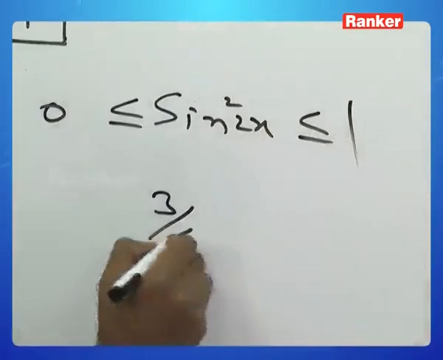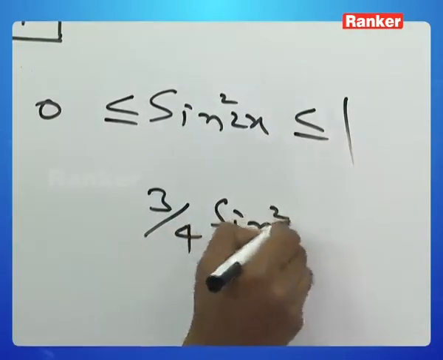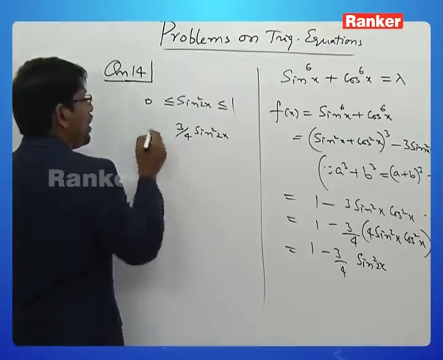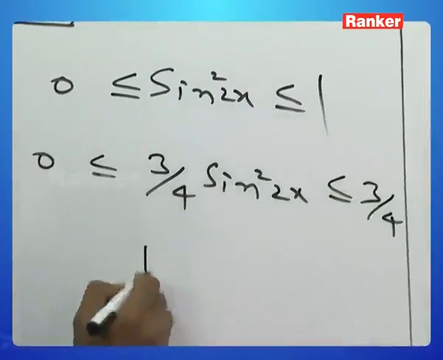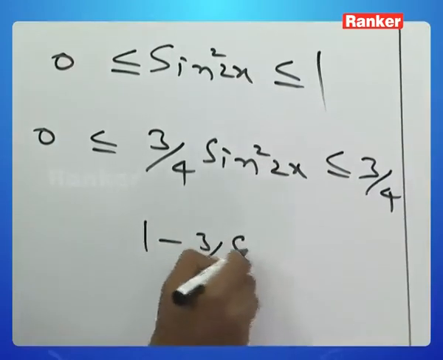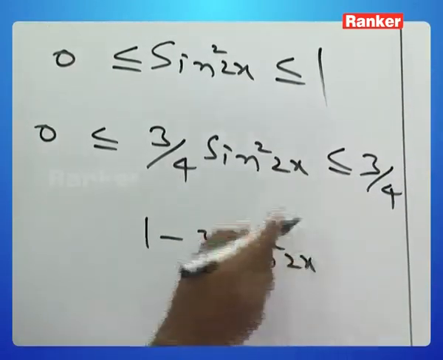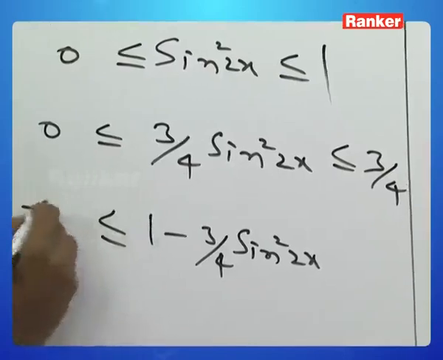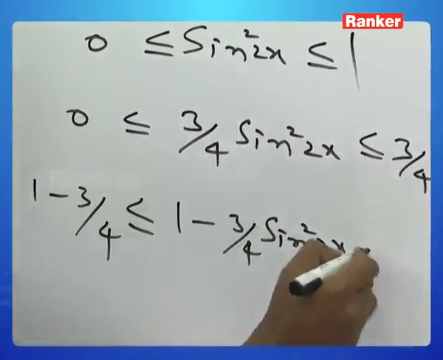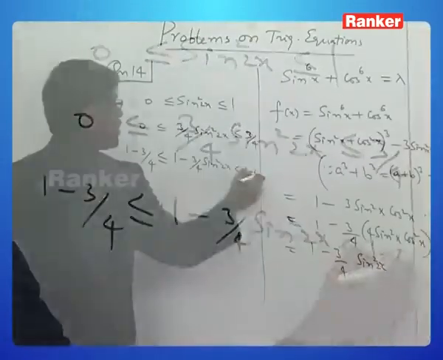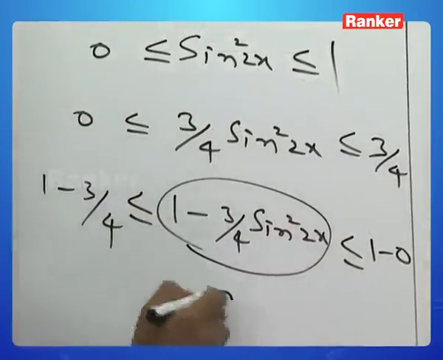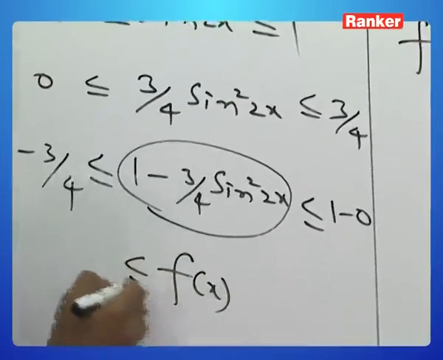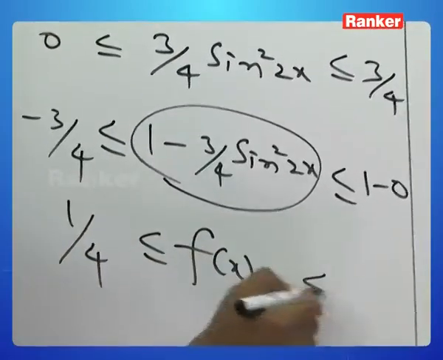So 3 by 4 of sin square 2x will lie between 0 to 3 by 4. So 1 minus 3 by 4 of sin square 2x will lie between 1 minus 3 by 4 and 1 minus 0. So this is your f of x. f of x should lie between 1 by 4 to 1.